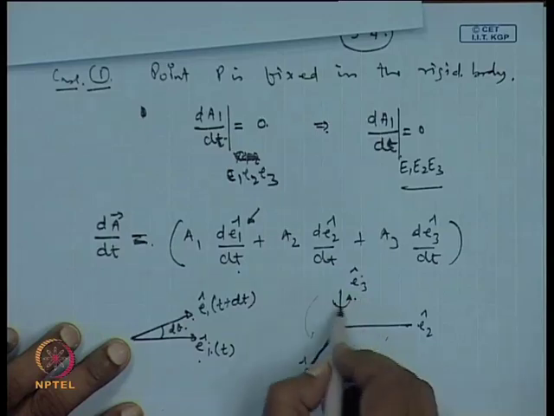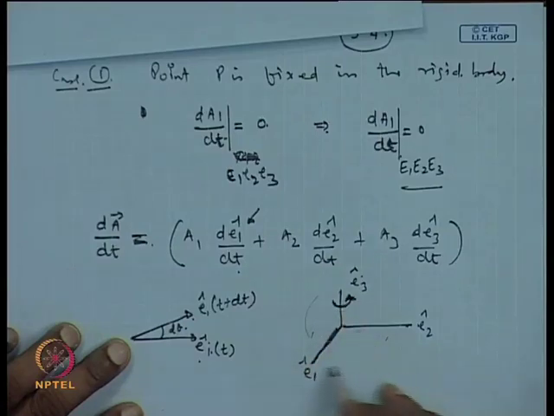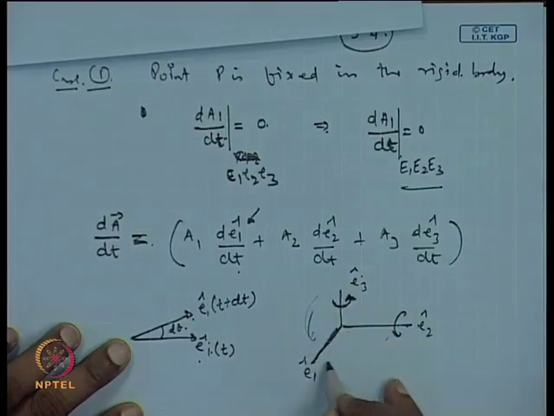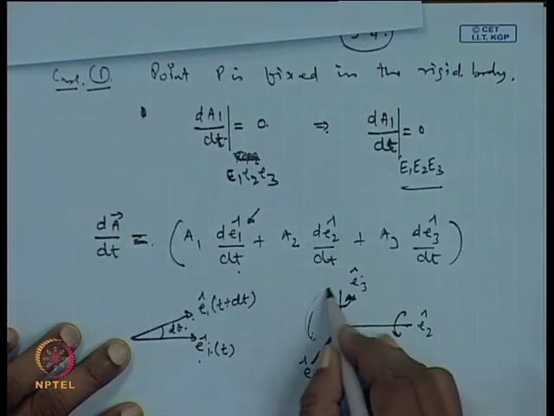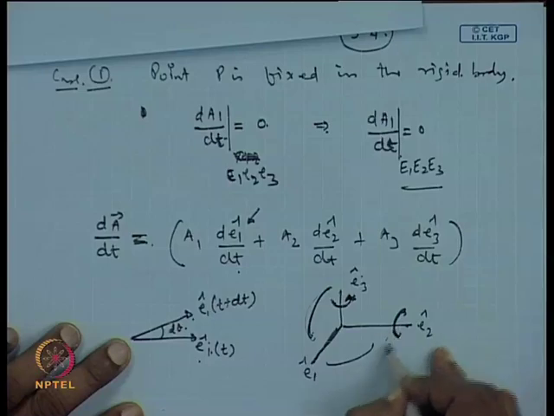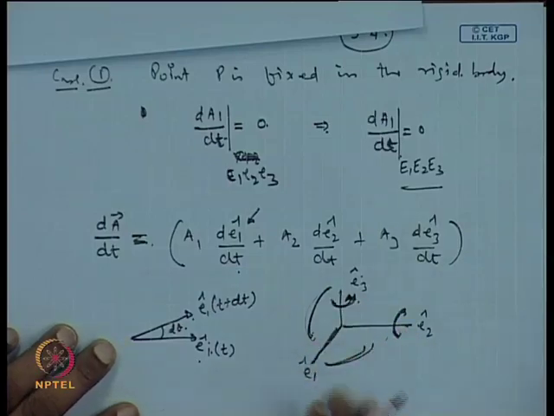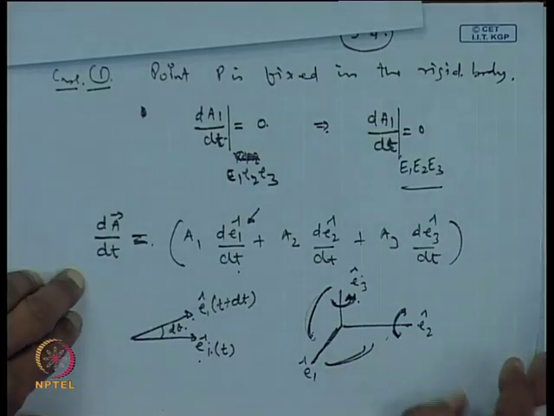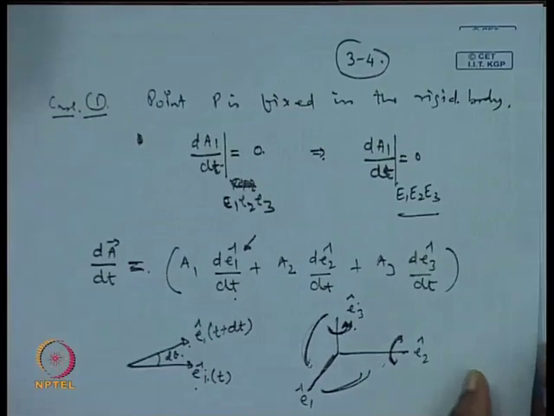Rotation of this vector will depend on rotation around this axis, and rotation around this axis will affect this plane. So, these two rotations can be corroborated.